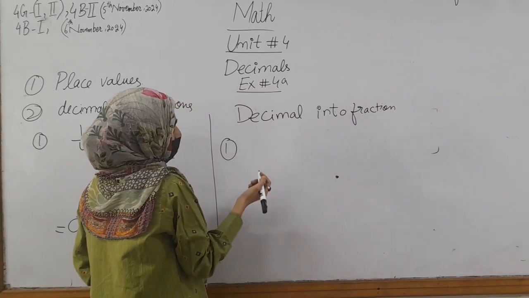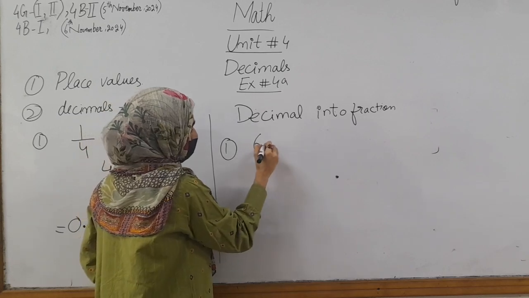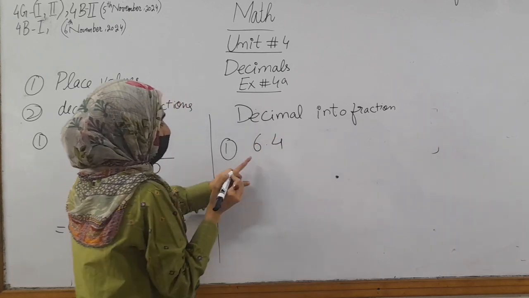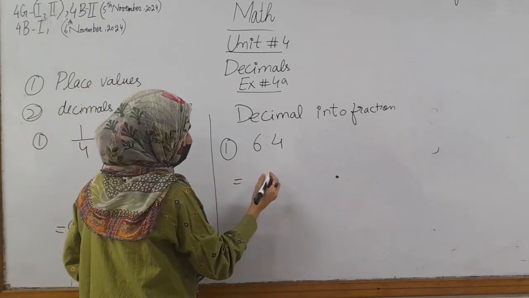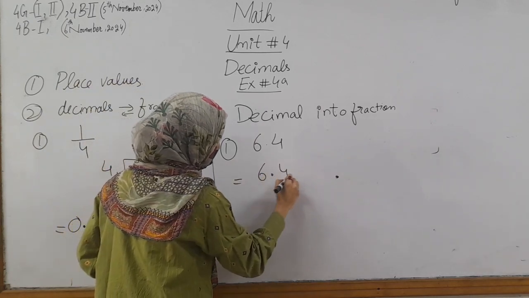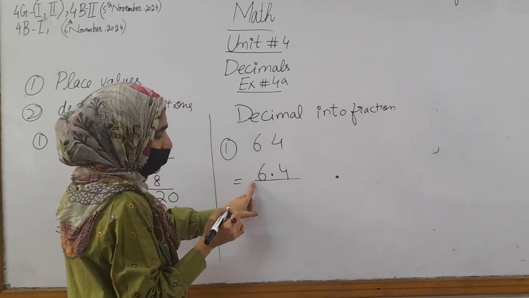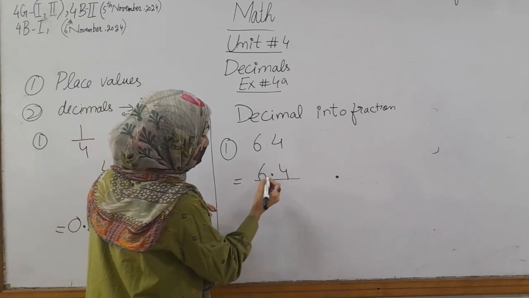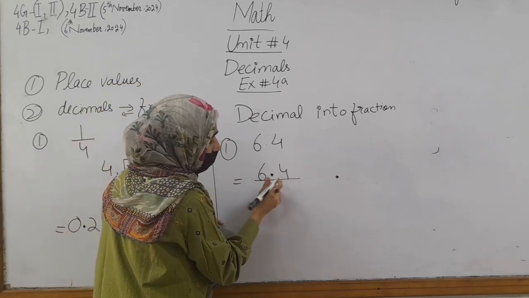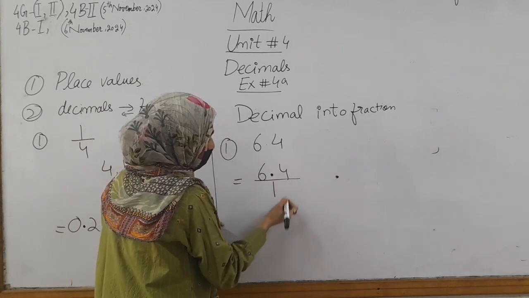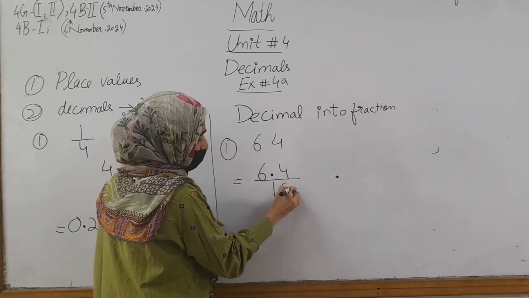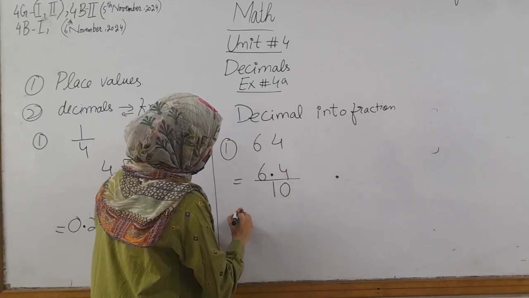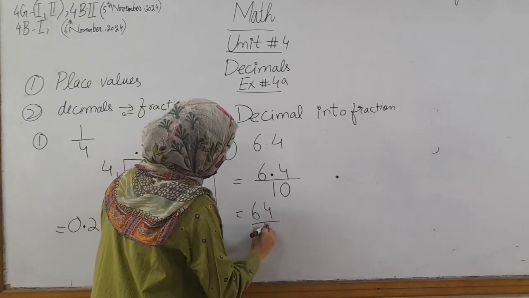For example, we have the value 6.4 and we want to convert it into a fraction. Simply write 6.4, and in the fraction line you add 1 in the place of the point, and see how many digits are after the point. 1. So you add one 0 in the denominator. So the answer is 64/10.